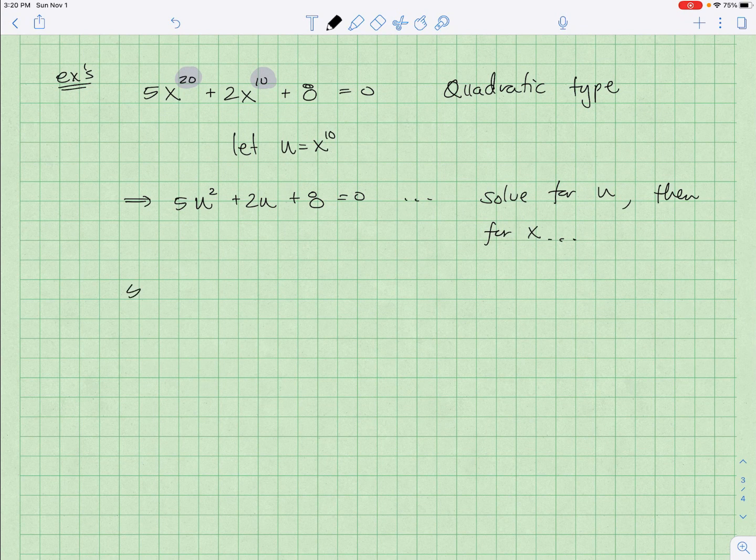However, if you had something like 5x to the 6th plus 2x to the 4th plus 8 equals 0, this is not quadratic type, because 4 is not half of 6.